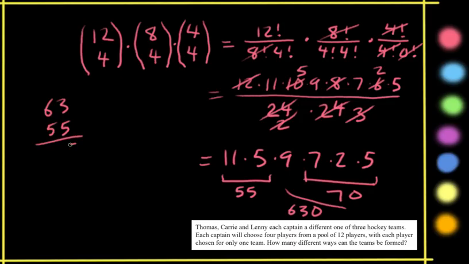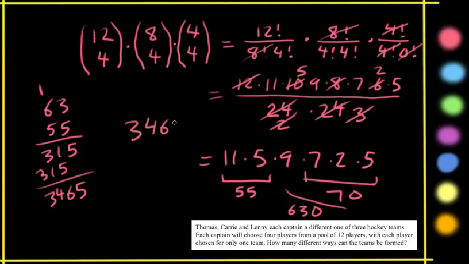So it's going to be 15, 31, and then 5, 6, 4, 3, and then I had to multiply by 10. So altogether I've got 3, 4, 6, 5, 0. And that's my final answer. So that's the answer to that one.